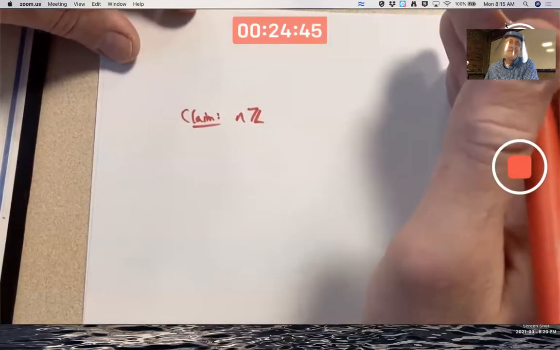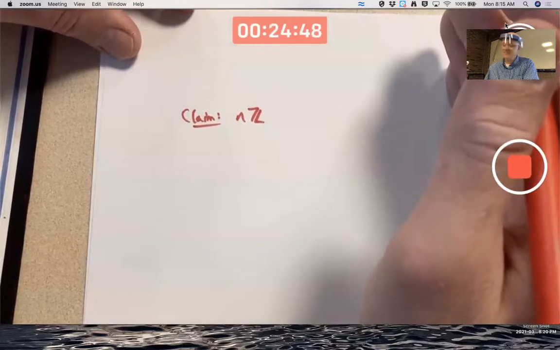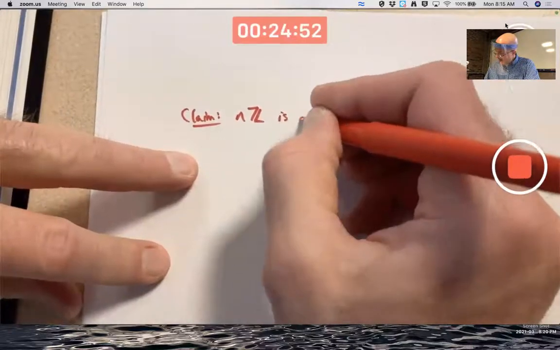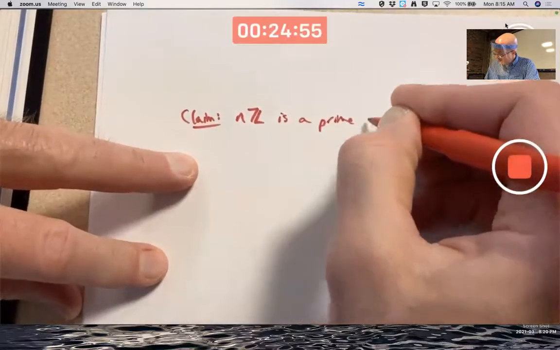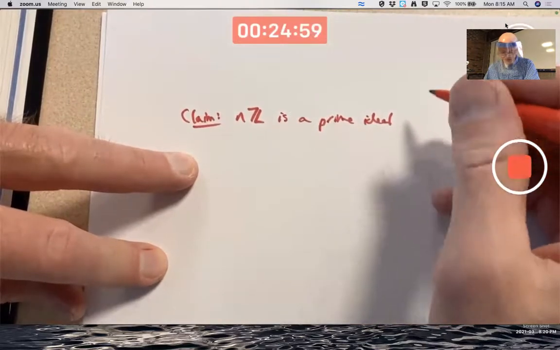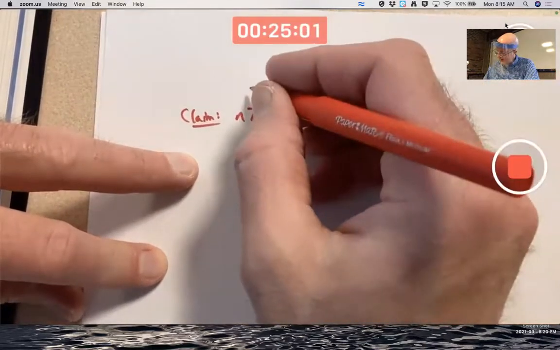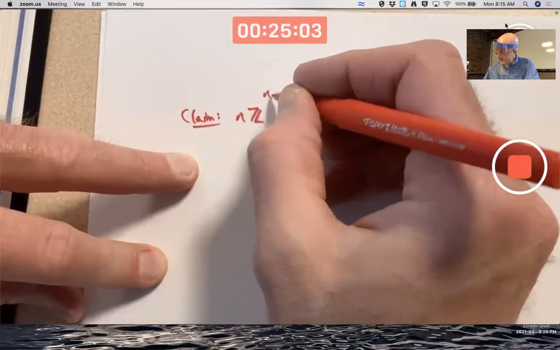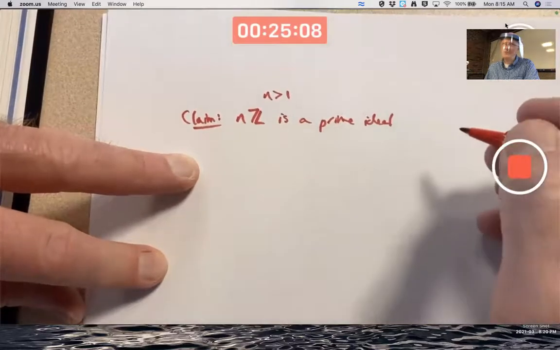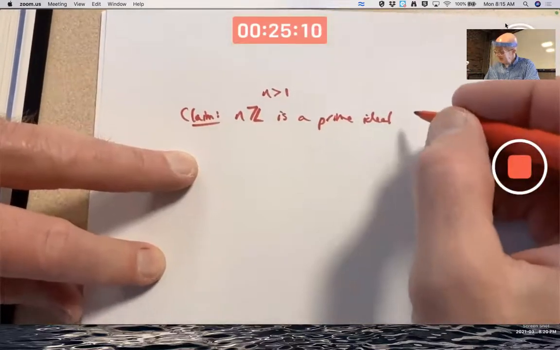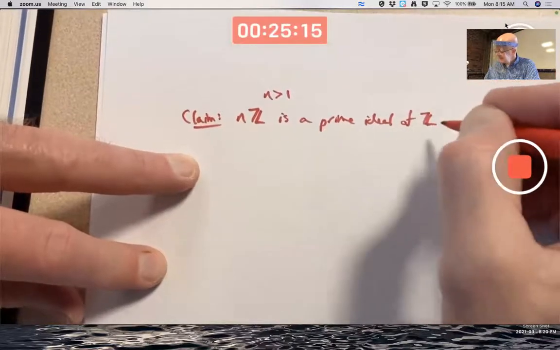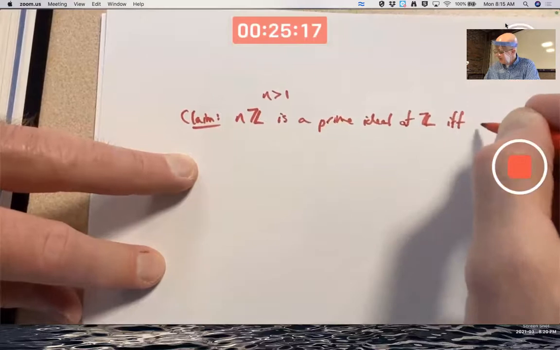They match for Z. This is a prime ideal, where a background assumption here is that n is greater than 1. The trivial ideal actually is a prime ideal as well, but we don't want to think about that here. It's a prime ideal of Z if and only if n is prime.